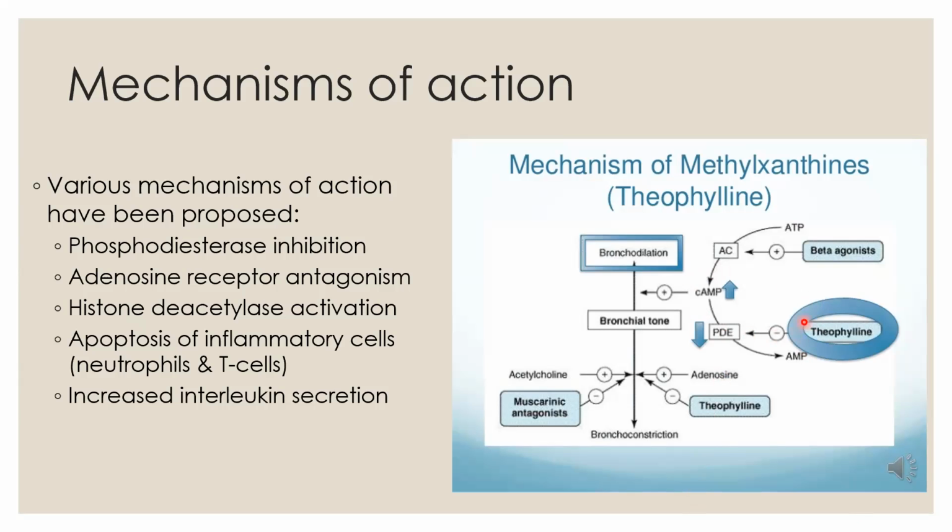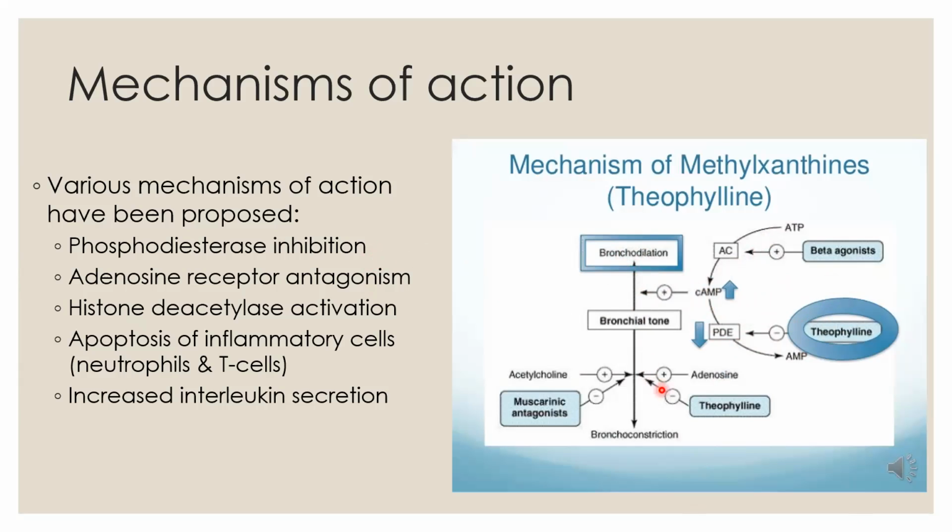So if you see this picture, the two most commonly mentioned mechanisms are phosphodiesterase inhibition, PDE. It will block this PDE so that we will have more cyclic AMP. And cyclic AMP can cause bronchodilation.